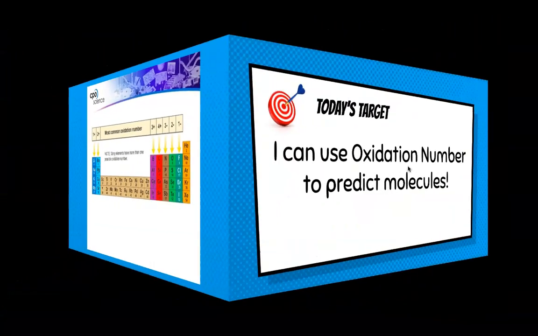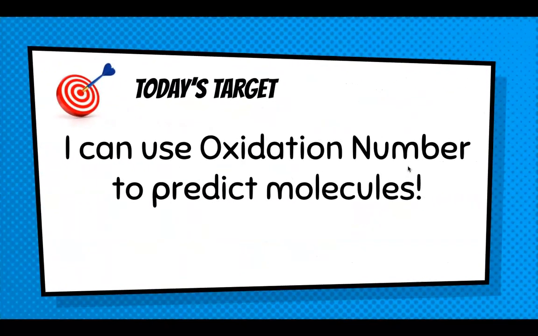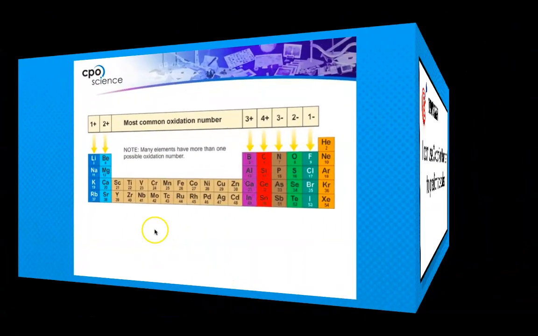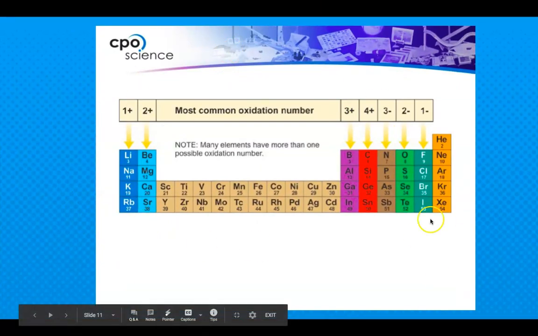All right, so the target for our next two lessons is: I can use oxidation numbers to predict molecules. Today, I would just like you to be able to identify the oxidation number for each element. And you have a series of questions that follow this video that are going to ask you to predict that oxidation number. And certainly use this chart to help you understand it.